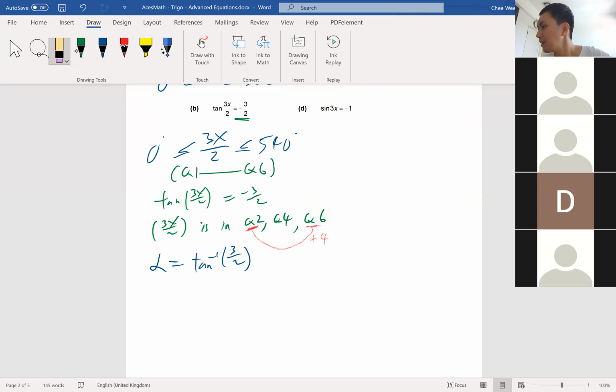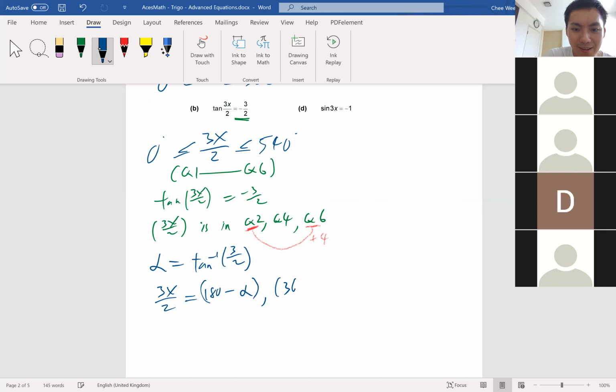So 3x over 2 is equals to 180 degrees minus alpha, and then after that is number 4, 360 degrees minus alpha.